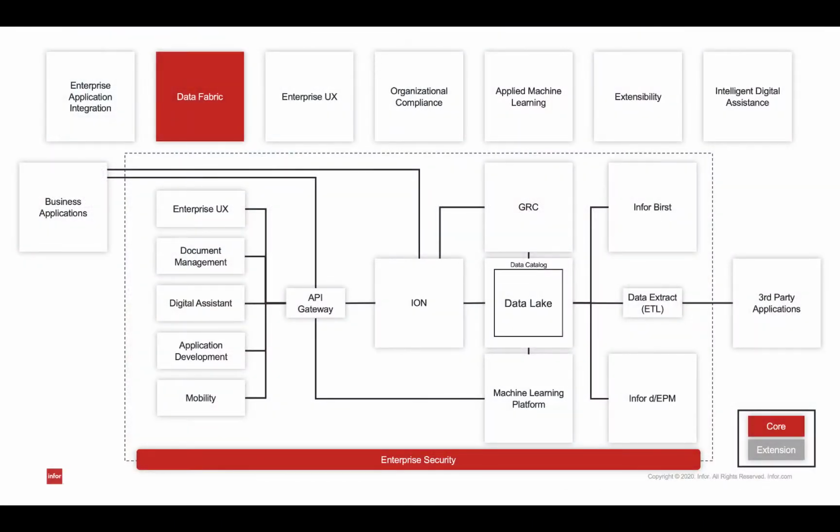Before we get in, it helps to set the context here and understand what components within the Infor OS ensemble we're going to be leveraging and how they all work together.